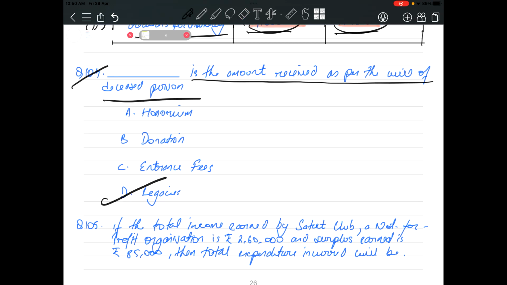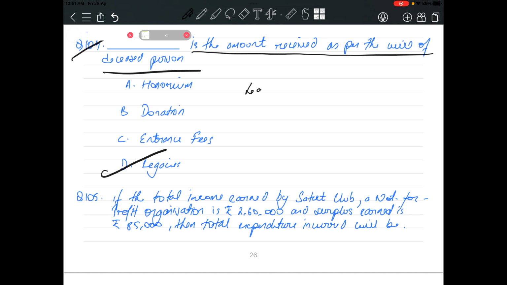Legacies is the amount received as per the will of a deceased partner. Now let's try to write the definition of legacies. Now what is a legacy? Legacies: it is the amount received from individuals as per will.